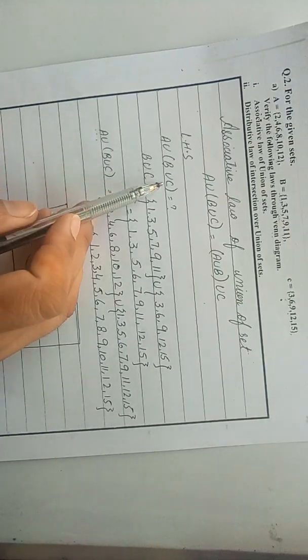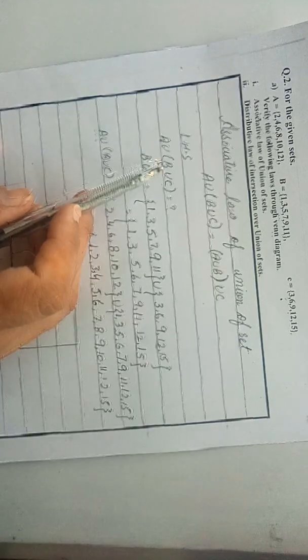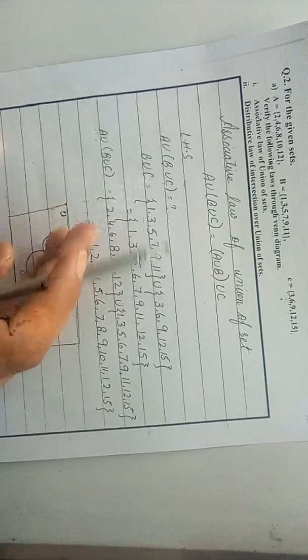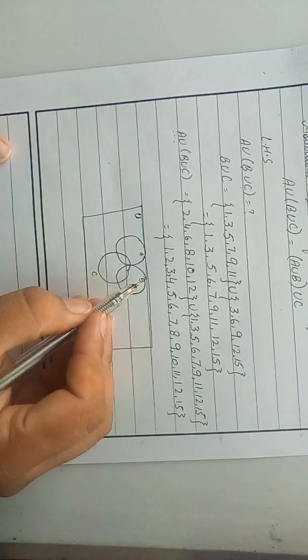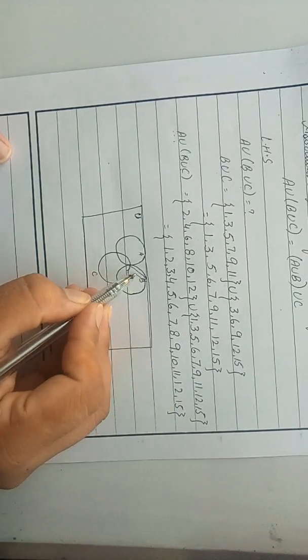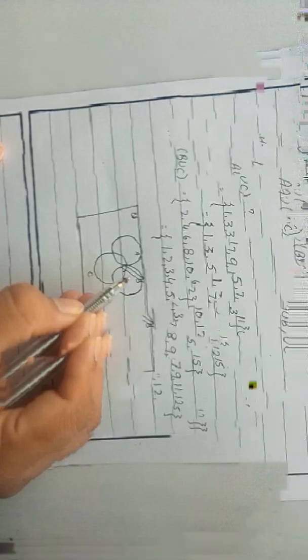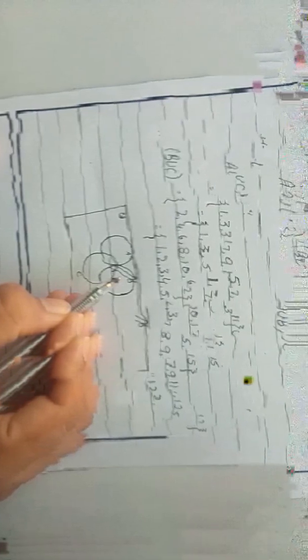Student, first we find B union C. B union C means all the elements that are present in B and C. So here we will shade set B and set C completely, because B union C contains the elements of B and C. Next is A union (B union C), which means the elements of A are also included in this, so we will shade the remaining part of A also.